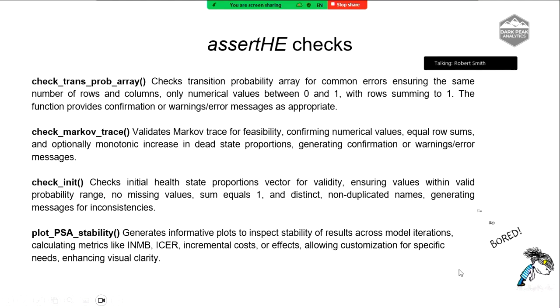So if you want to contribute a check that you're using routinely internally in your organization, please send me a pull request or send the code, and we can build it in. Eventually we'll have a whole load of these checks for different types of models. Currently we just have Markov models, but we could have checks for PSM, for DES, any type of model, all in one place, so that everyone has validated this bit of code.